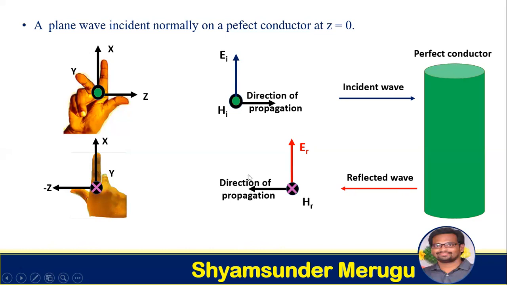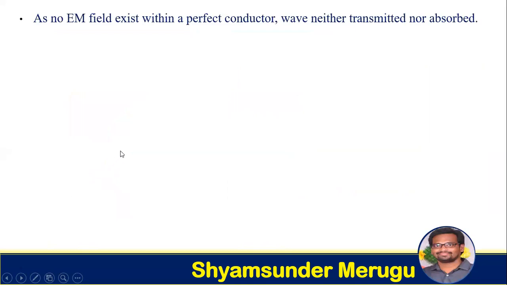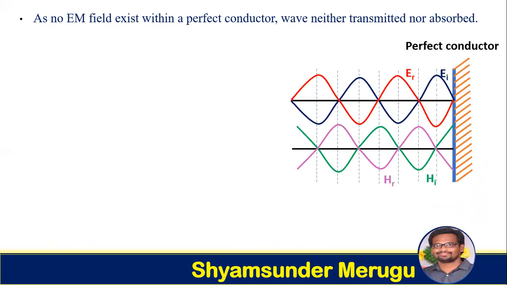Now the propagation of the plane wave after reflection is in the negative z direction. As no electromagnetic field exists within a perfect conductor, the wave is neither transmitted nor absorbed in the perfect conductor. So here the incident wave is completely reflected back.